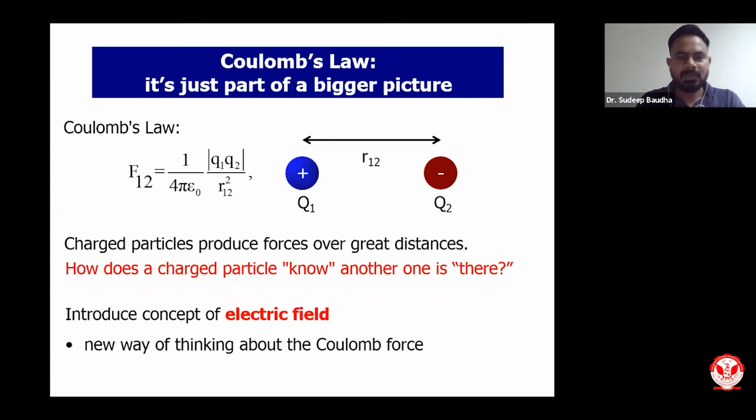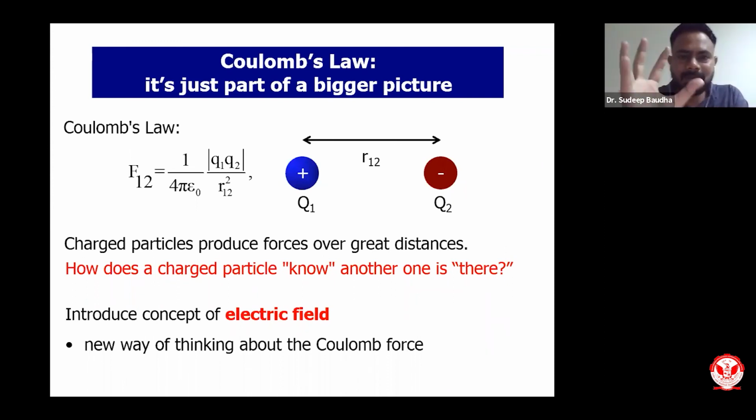Taking from the previous concept of Coulomb's law, this law says that the force exerted between two charges can be derived using this formula. So we have F12, that is force exerted by 2 on 1, equal to 1 by 4 pi epsilon naught Q1 Q2 upon r12 square.